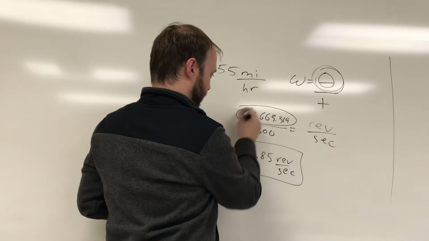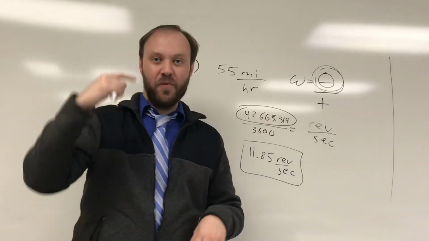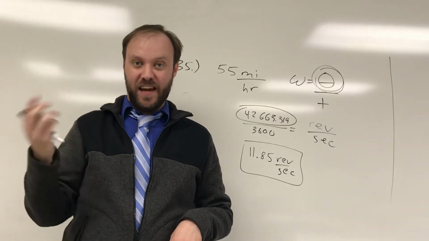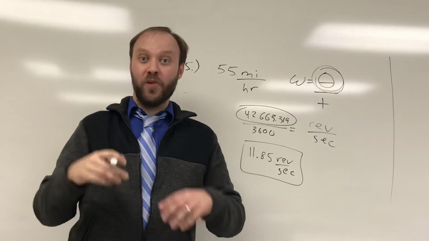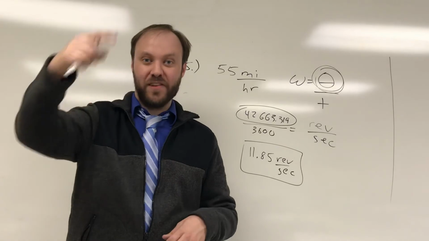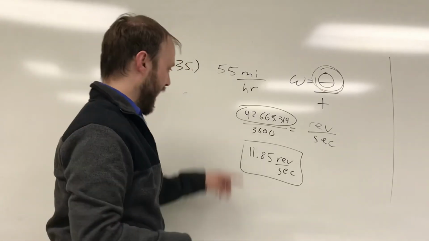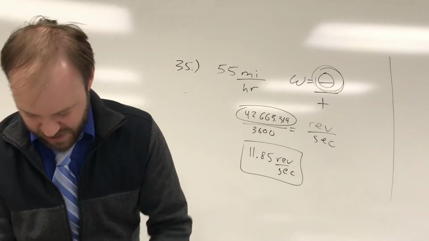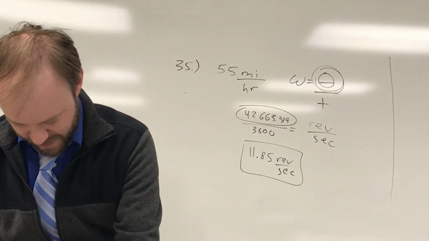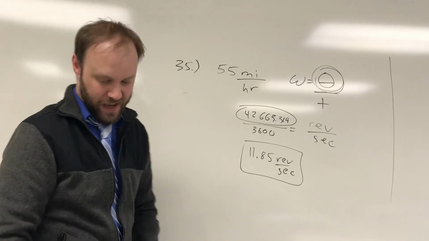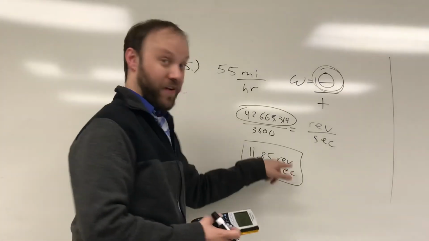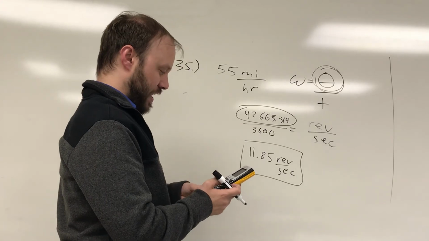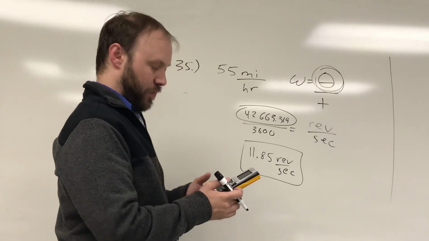If it went through this many revolutions, every one of those revolutions would go through either 360 degrees, and you could multiply by 360, or if you were working in radians, each of those revolutions would be 2 pi radians, and you would multiply by 2 pi before dividing by 3,600, okay? So again, there's some different approaches that you can use there. If it was supposed to be in radians per second, again, you could really just take that answer and multiply by 2 pi, and it would be about 74.46.